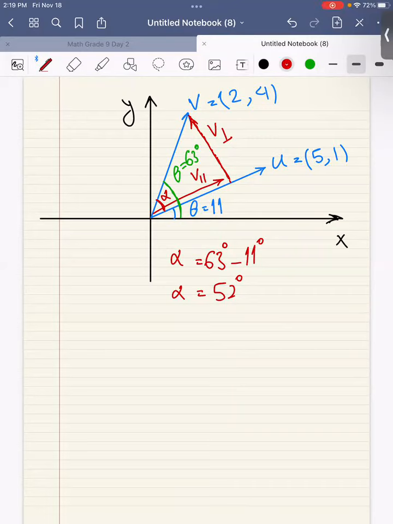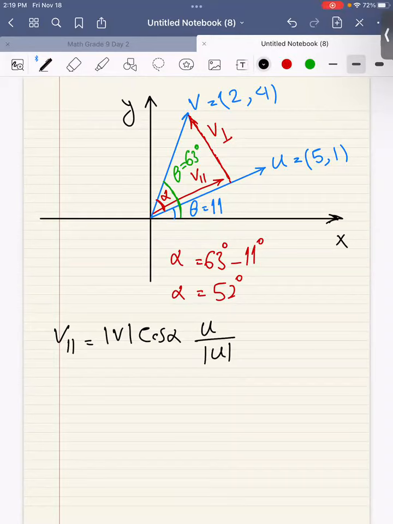V parallel is just, so I told you that V parallel is just absolute value of V times cosine of alpha, I mean this alpha, times the direction of U. Direction, I mean the vector direction of U. The vector direction of U is U divided by the magnitude of U. This guy is basically the unit vector in the direction of U. Okay.